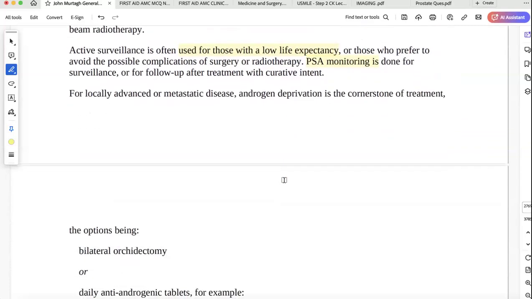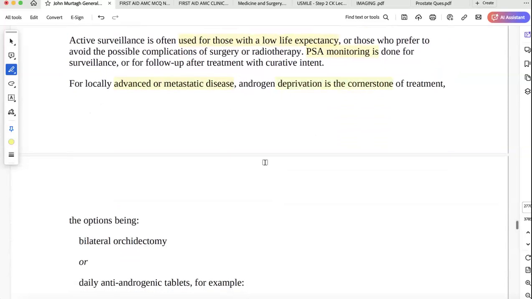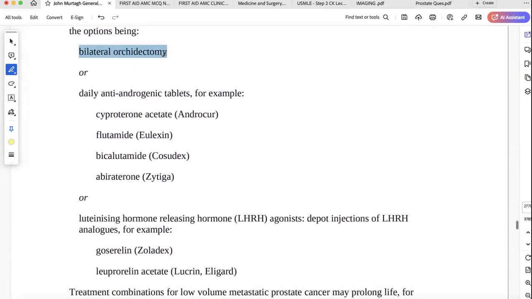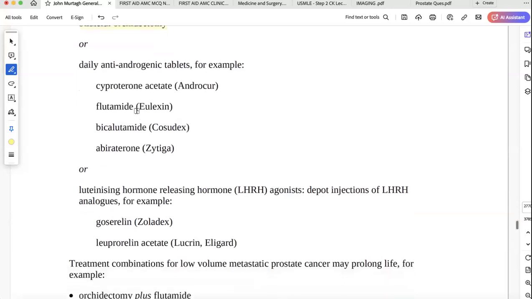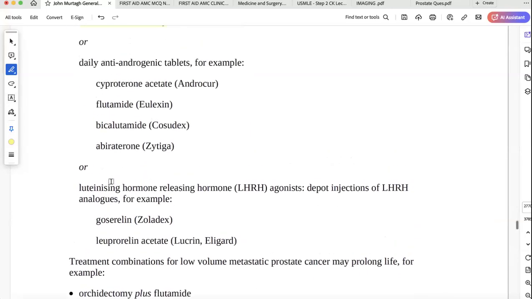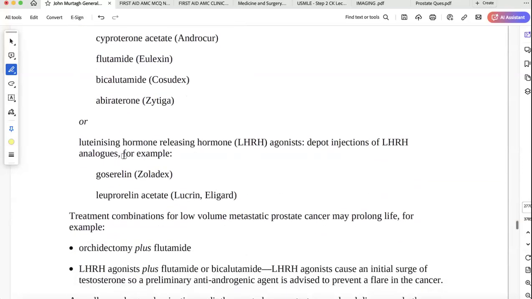What if the cancer has metastasized to the bone? So for metastatic cancer, androgen deprivation is the main treatment. The option would be removing both testes, which is no longer done anymore. But the common one nowadays that we do is the LHRH agonist.